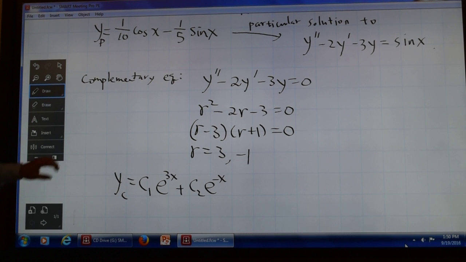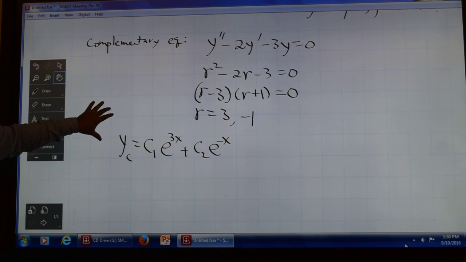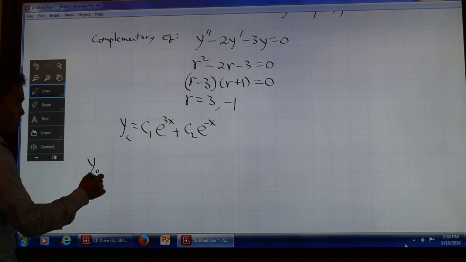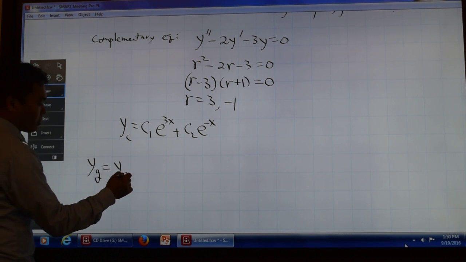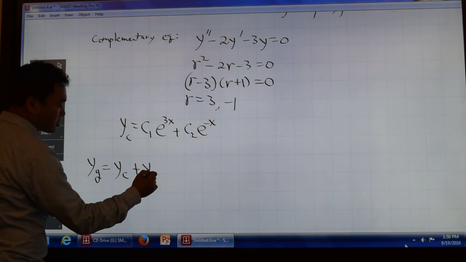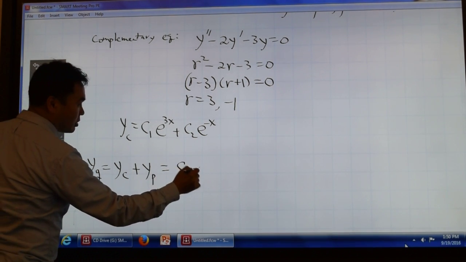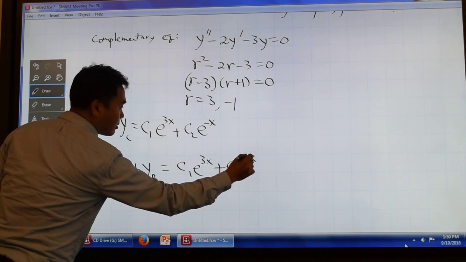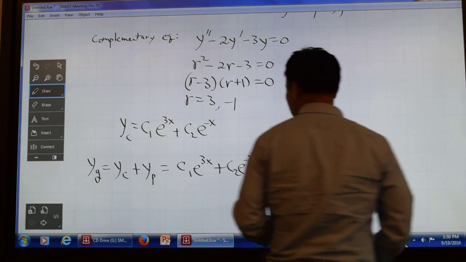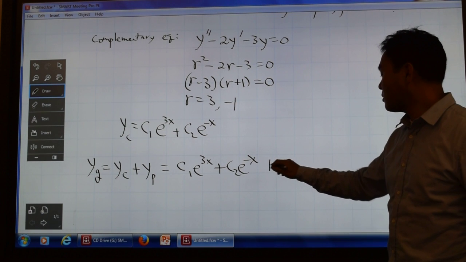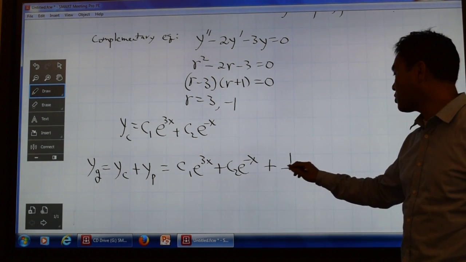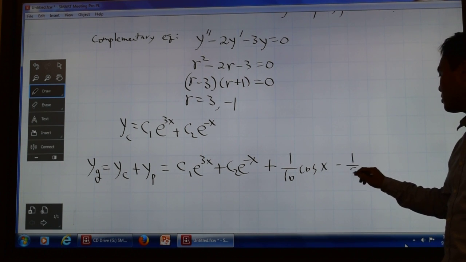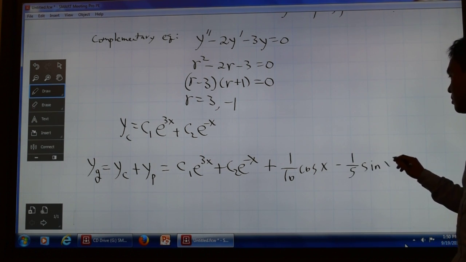Okay? Therefore, here's what we know. If we just take y general as y complementary plus y particular, which is C1 e to the 3x plus C2 e to the negative x, that's the complementary one, and the one that we found as the particular one was 1/10 cosine x minus 1/5 of sine x.